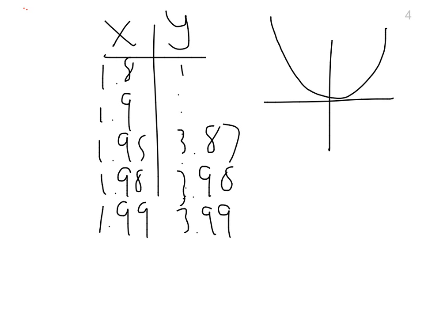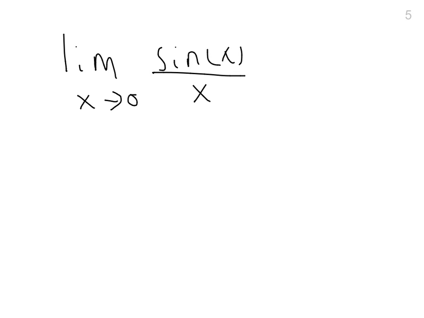Where this would come in handy would be a function like what we have here, like the limit as x approaches 0 of sine of x over x. Now, let's think about this analytically.